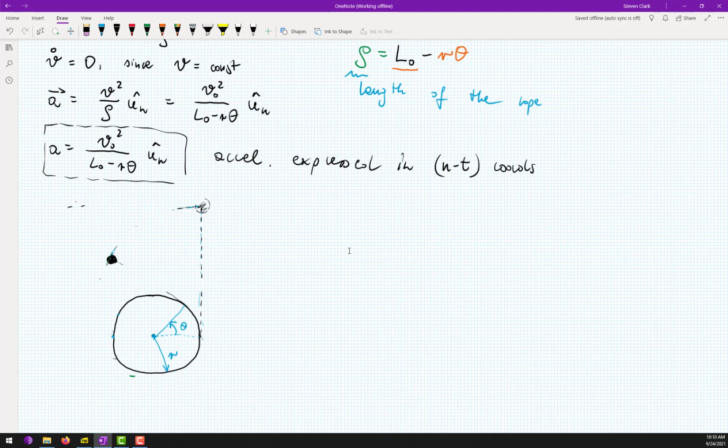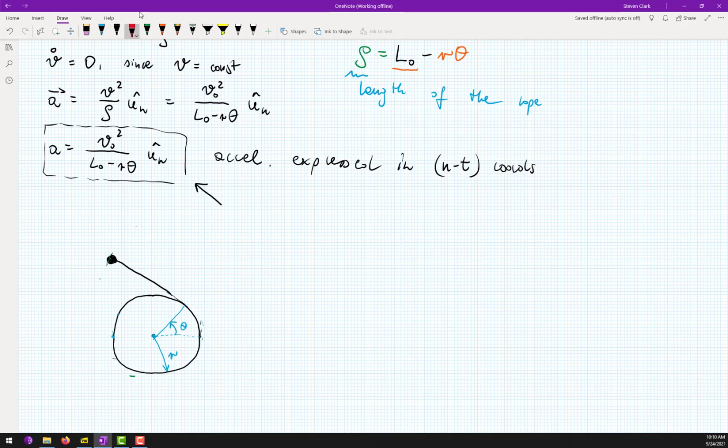I think if I draw it from scratch, it would be faster, don't you think? I want to draw this vector here.